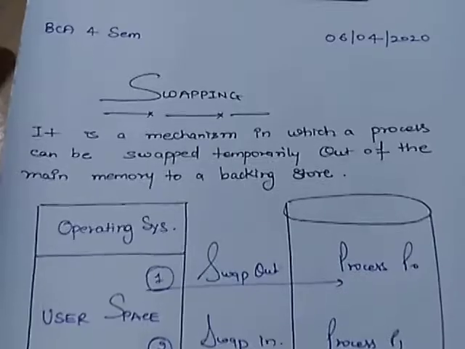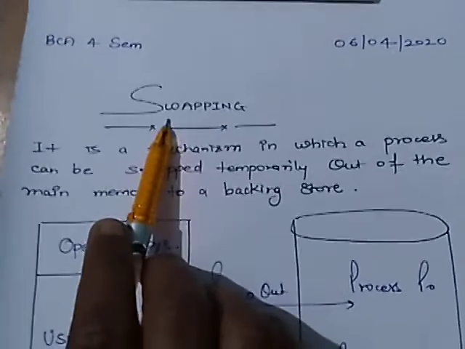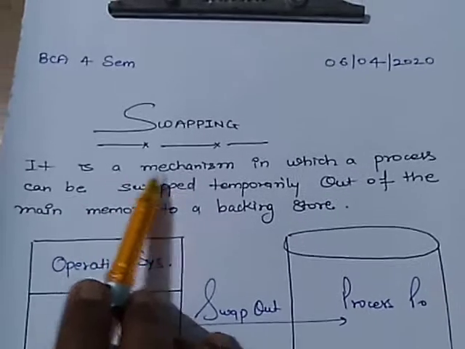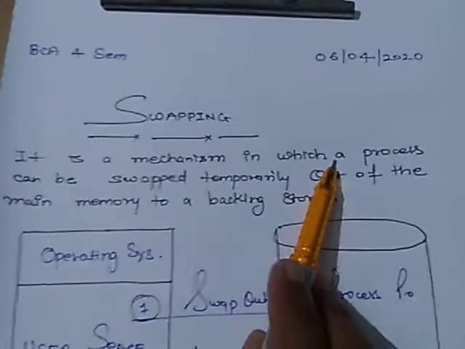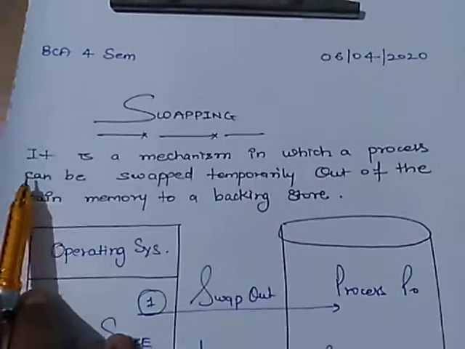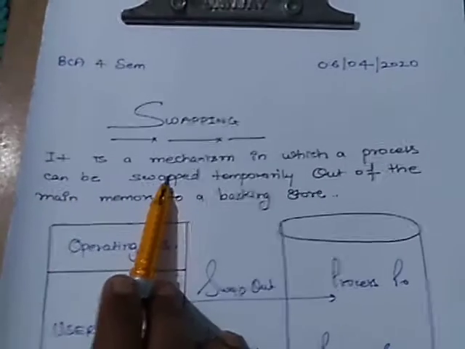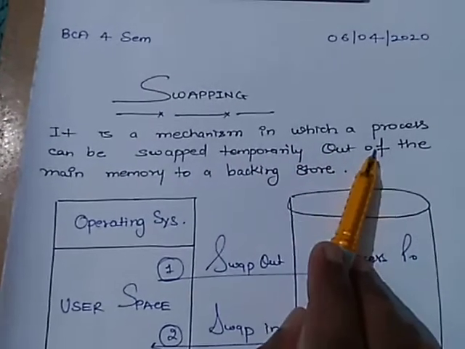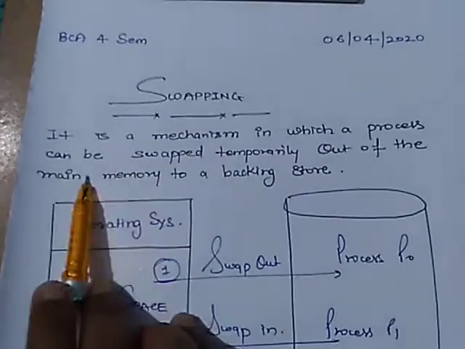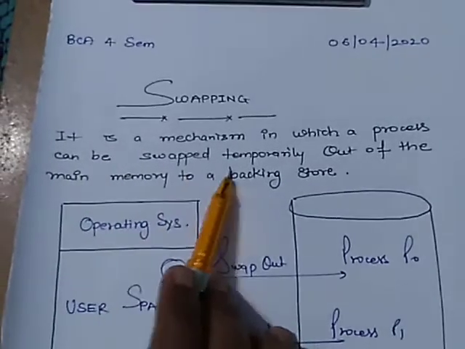Today we will study swapping in operating system in memory management schemes. Swapping is a mechanism in which a process can be swapped temporarily out of the main memory to a backing store.